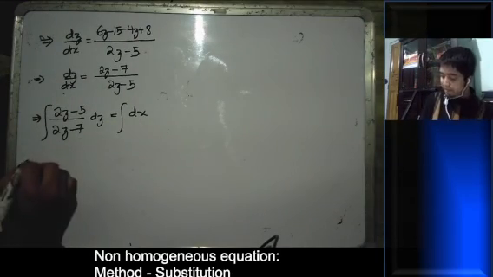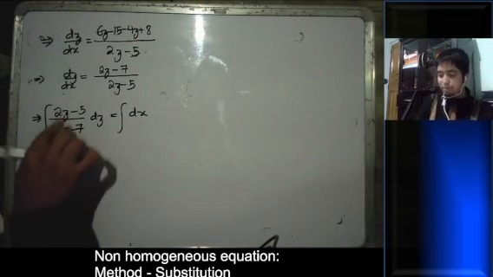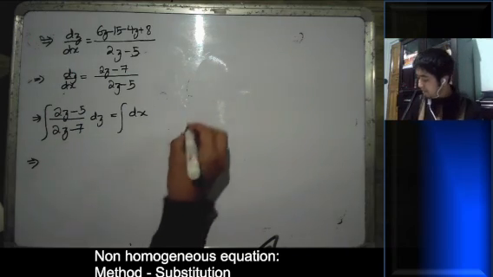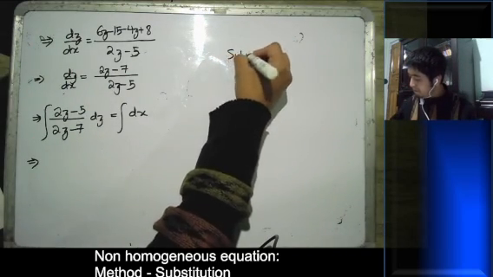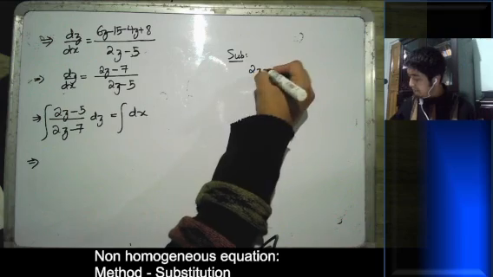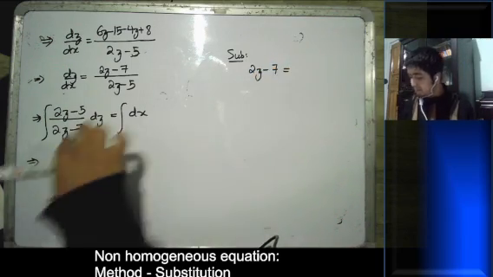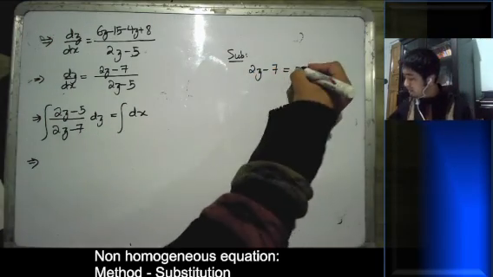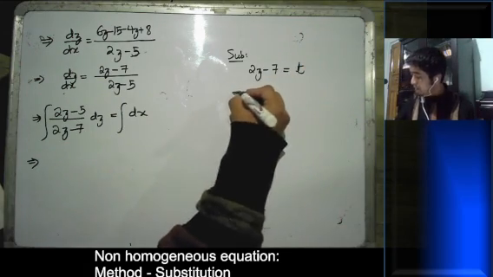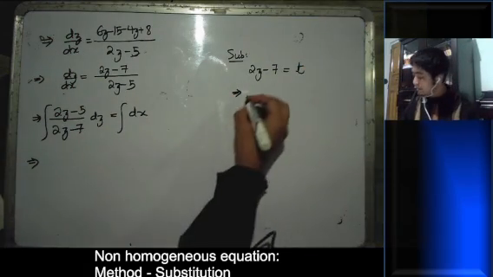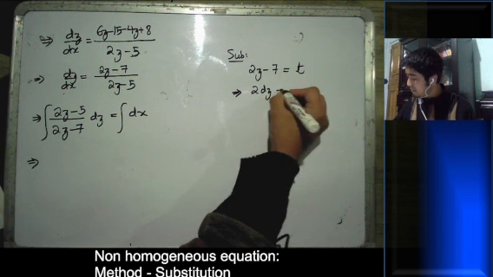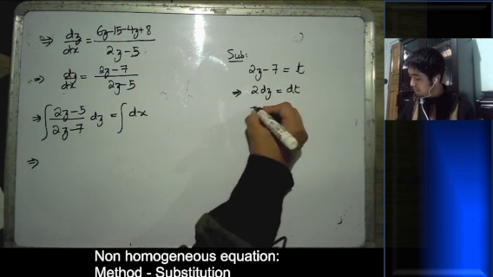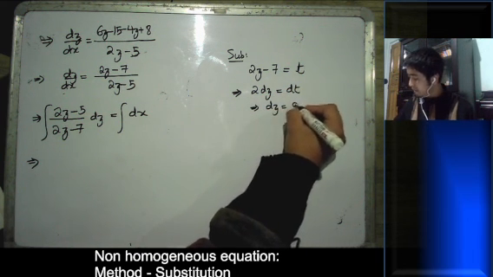Okay, so if we integrate it, how will we integrate this one? It's by substituting 2z minus 7. Okay, substitute the denominator, maybe it's equal to t. Okay, so it becomes 2dz equal dt, or dz equal dt by 2.